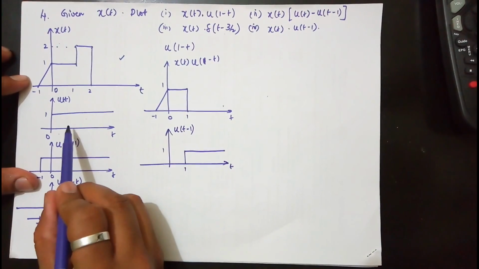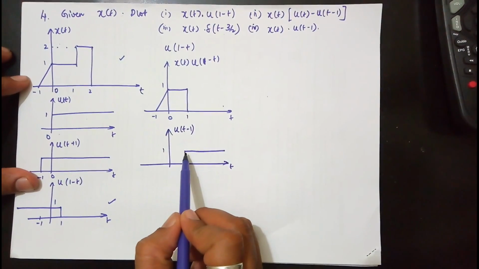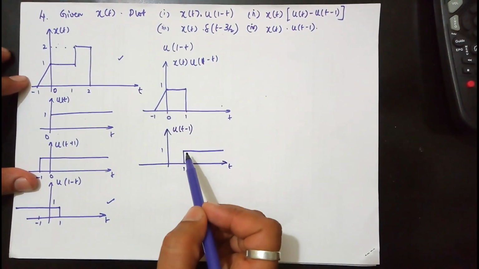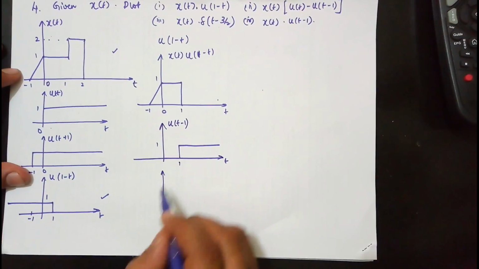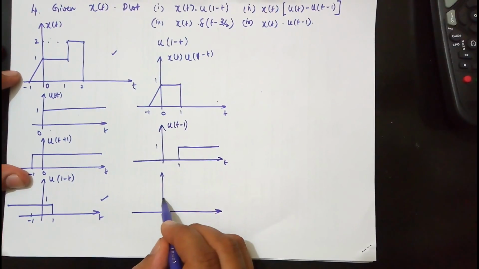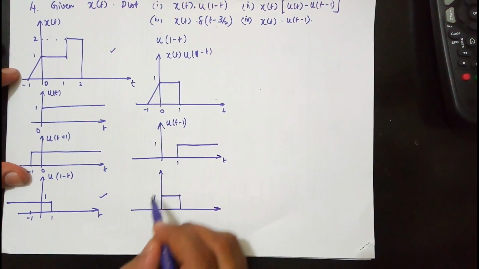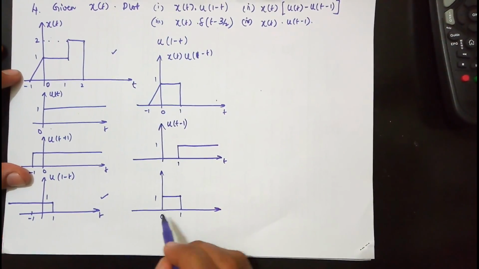Now if I subtract, that is u of t minus 1 is subtracted from u of t, I will get a waveform which extends from 0 to 1 with an amplitude of 1.